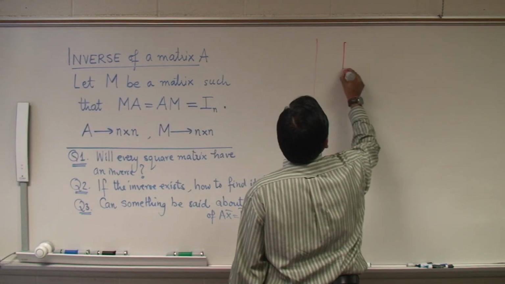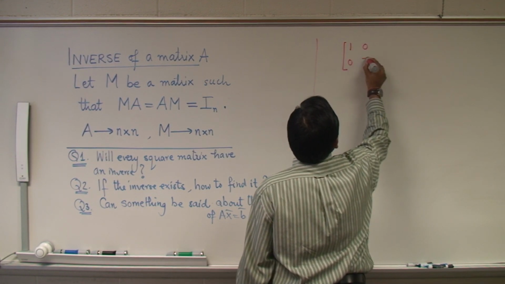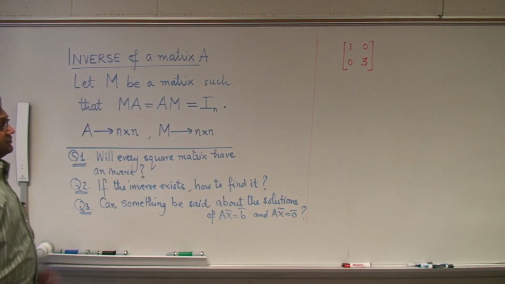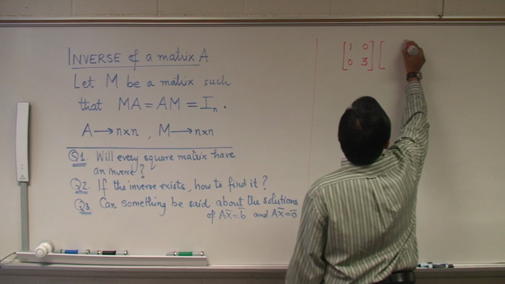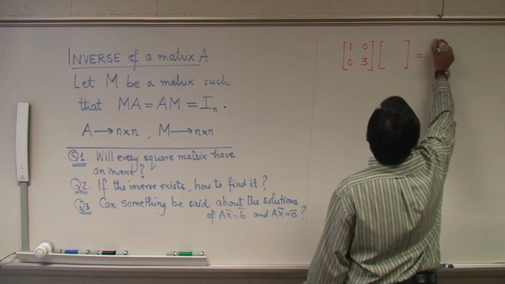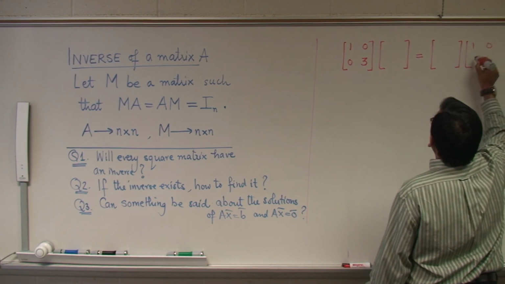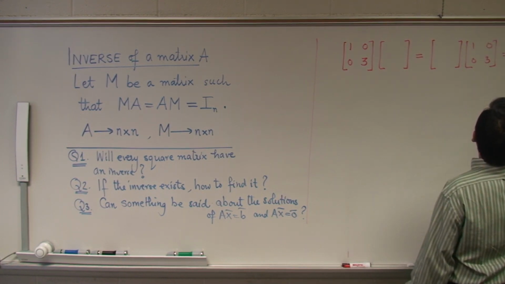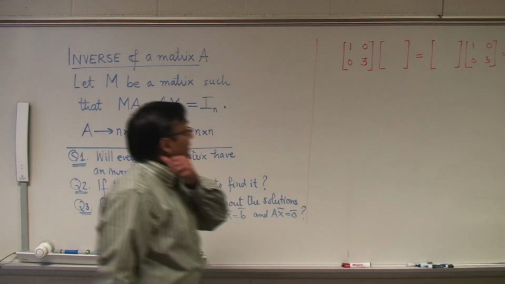Let's take a 2 by 2 matrix. Say something like 1, 0, 0, 3. Does this matrix have an inverse? In the sense, can I multiply this matrix by another 2 by 2 matrix on the right and also on the left and get the identity matrix out of it? Can we do something like this?